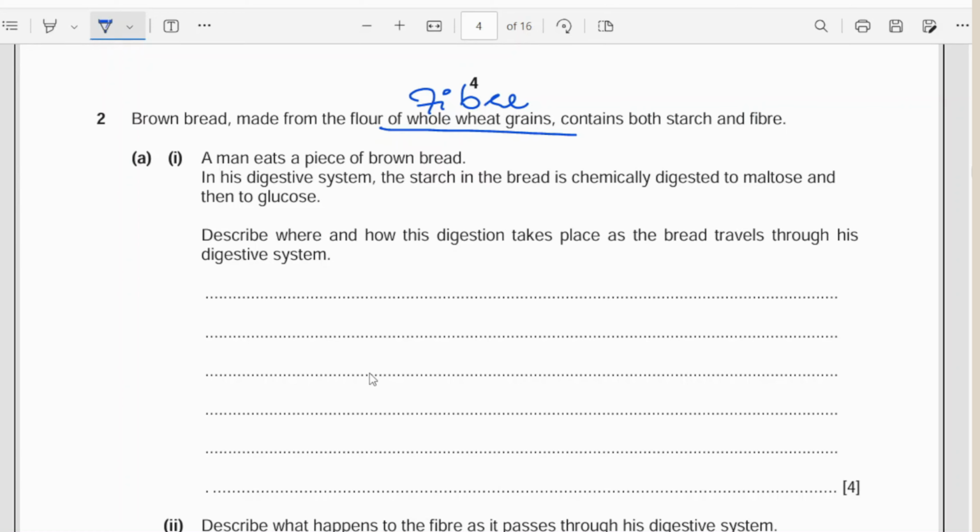As far as fiber is concerned, fiber is removed out of the body because we don't have the enzyme. Which enzyme would it be? Okay, fiber is basically the cell wall. So which enzyme is required?